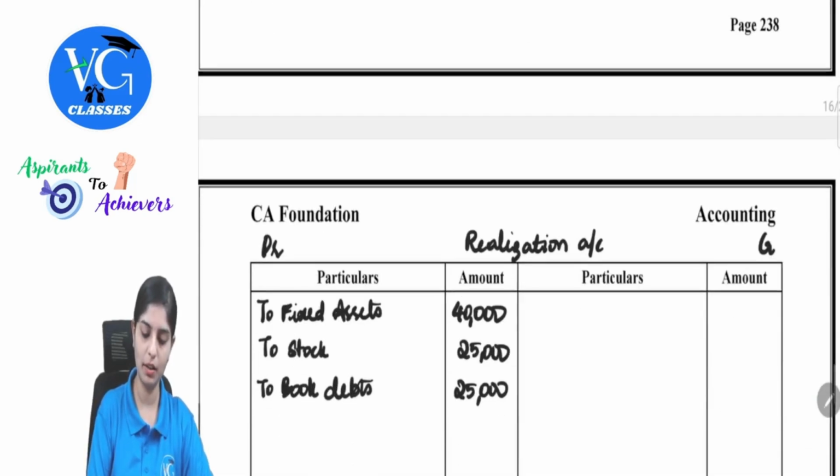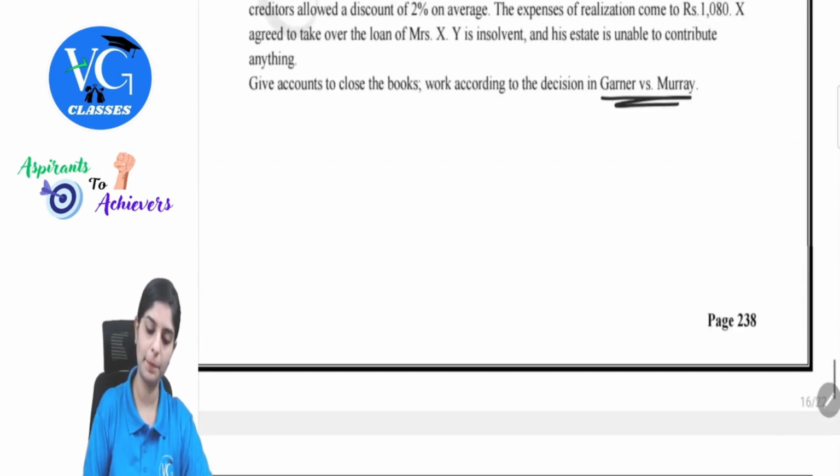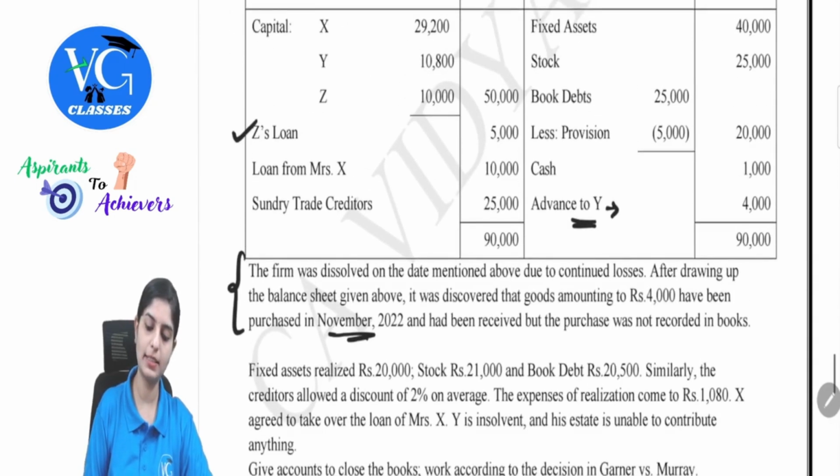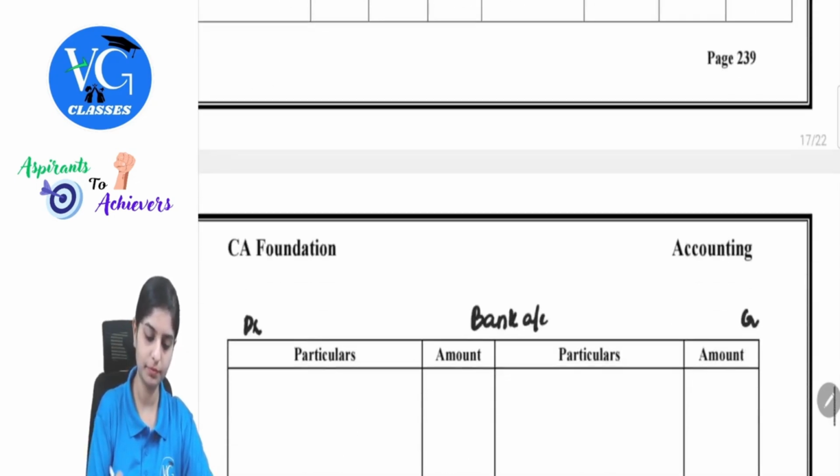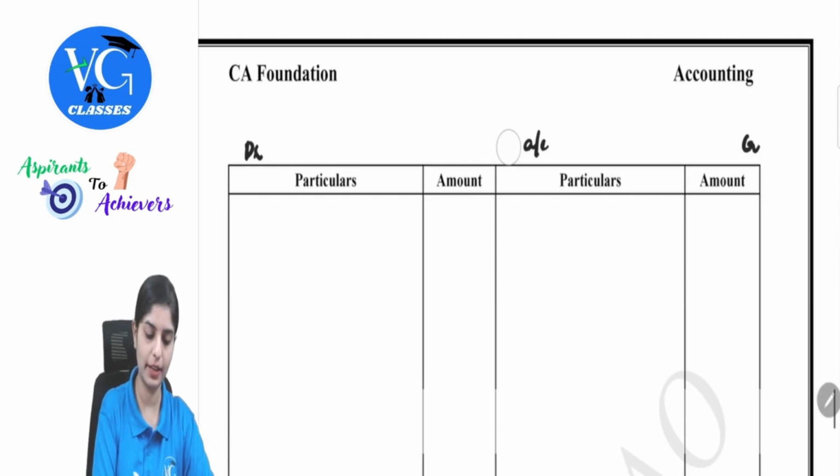Provision 5,000. By provision 5,000. Cash balance is given 1,000. So instead of bank, we can write this as cash. To balance brought down 1,000.